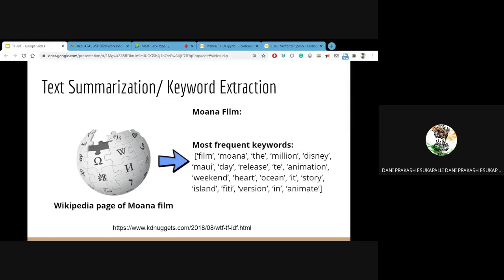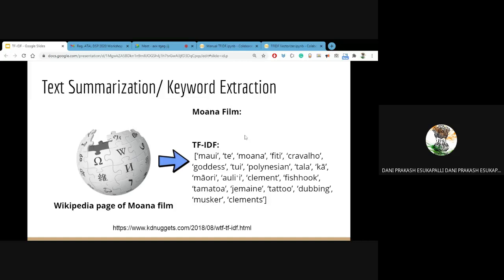The most frequent words include things like stop words, which will not have that much discriminative power. So if you want to really classify things, we can use TF-IDF.